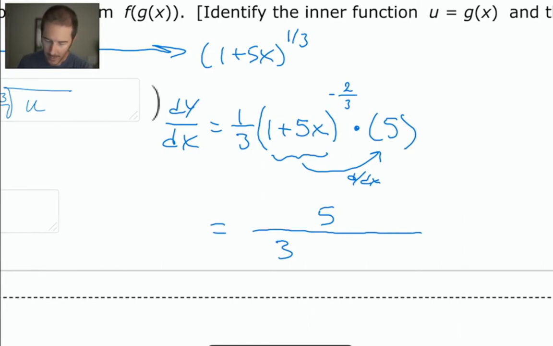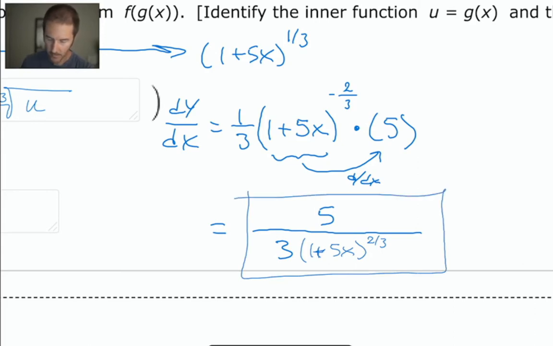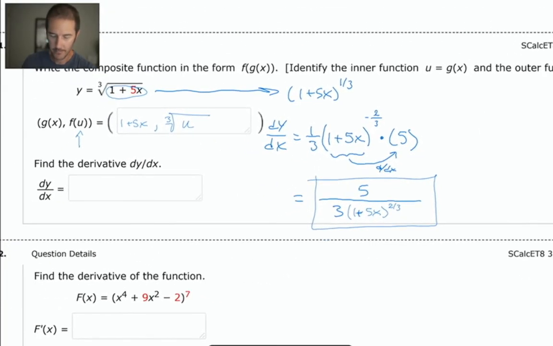We could leave it as 1 plus 5x to the positive 2/3 power, or you could write it as the cube root of 1 plus 5x squared. I like it like this. We've done the chain rule again. Nice job.